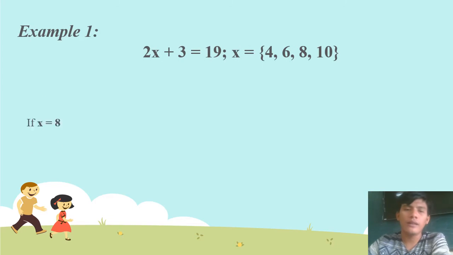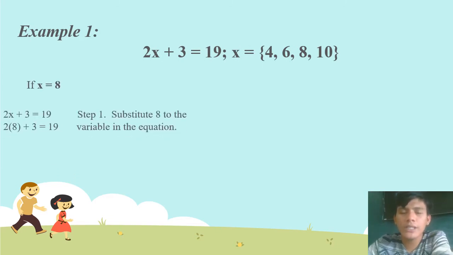Now we will use 8. If x is equal to 8, substitute 8 to the variable in the equation. 2x plus 3 is equal to 19. Our x here is 8, so 2 times 8 plus 3 is equal to 19.